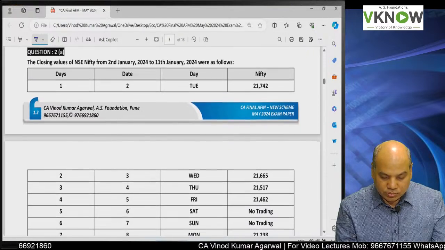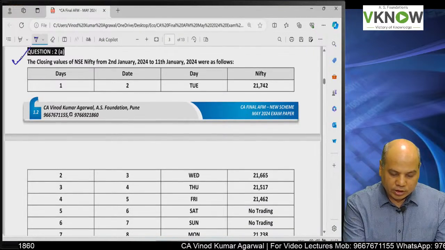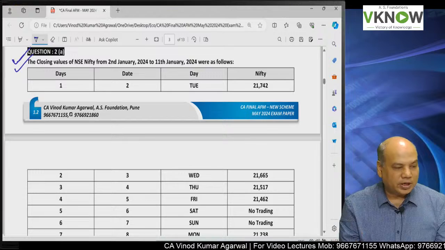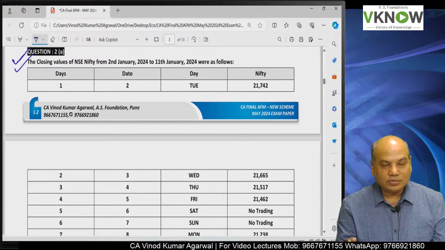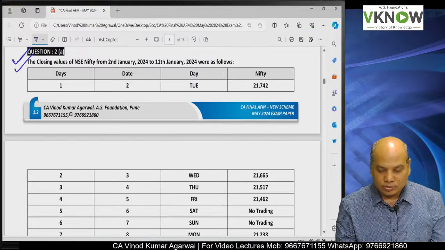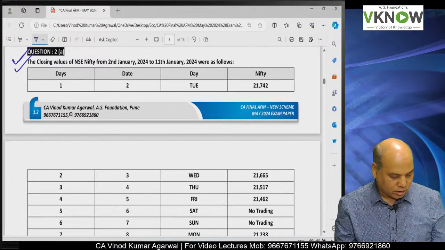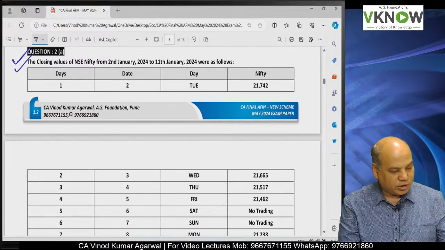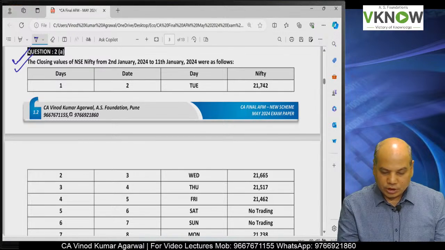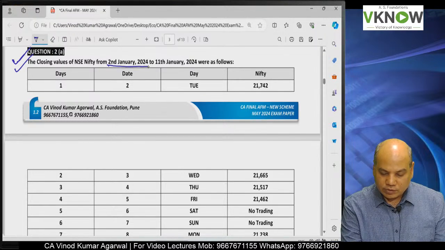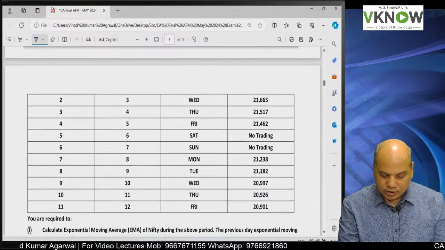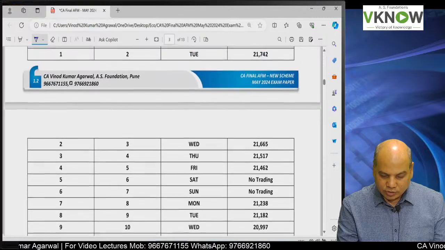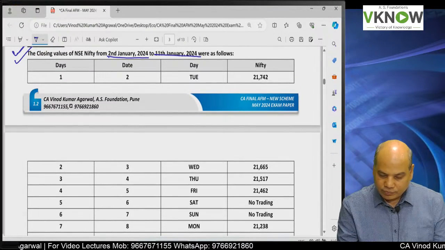Now we'll come to question number 2A. Again a question which has been repeated in the last few years, taken from past exam or you can say study material. You have to compute EMA, exponential moving average. They have given you data from 2nd January to 11 January, day 1, 2, 3, 4, 5, 6, 7, 8, 9, 10, 11, and these are the days given.